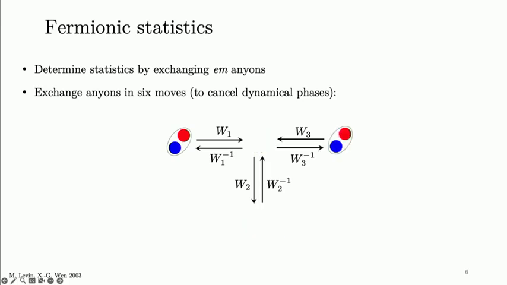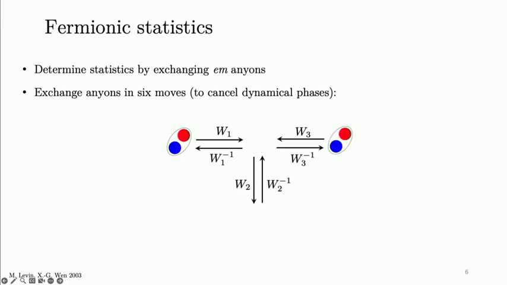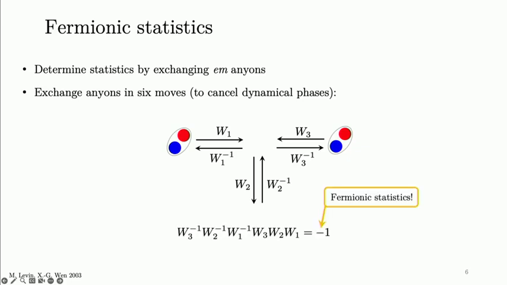And what I've done, as you can tell, is I've swapped the EM anyons. You can see that this produces a sign from the commutation relations of these string operators. If I apply these string operators in that sequence, their product is -1. So this says that if I apply that sequence to exchange two fermions, the wave function will pick up the sign of -1, and these are indeed fermions.